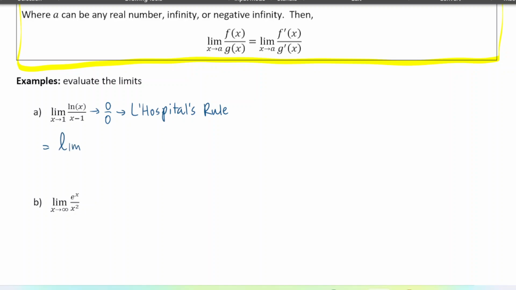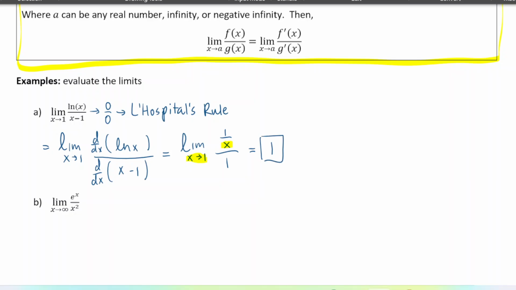L'Hopital's rule says that we can take the same limit as x approaches 1 and take the derivative of each of the numerator and the denominator, and it will give me the same answer for my limit. The derivative of ln x is 1 over x, and the derivative of x minus 1 is 1. Now I can use the direct substitution property and plug in 1 where the x is, and I get 1. So that is my limit.